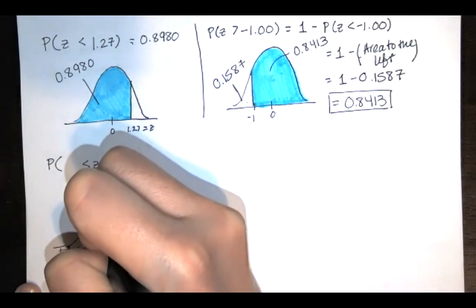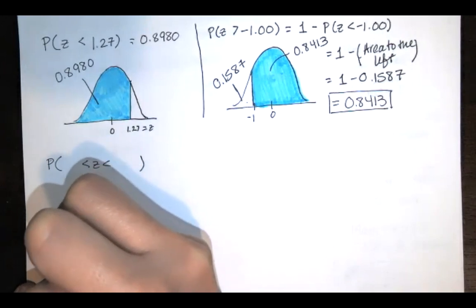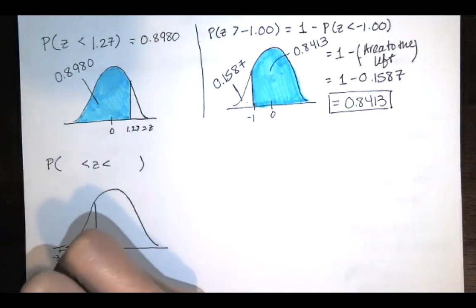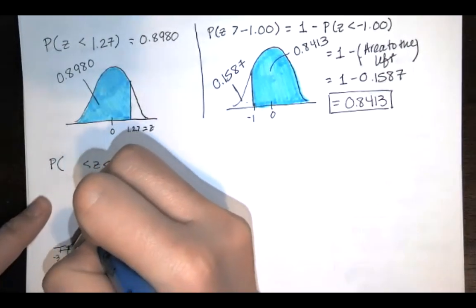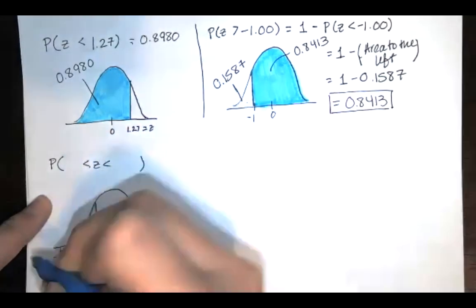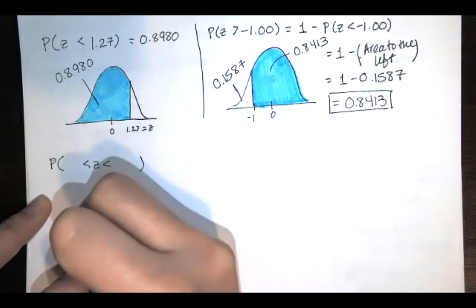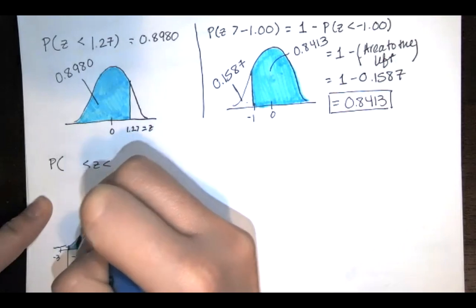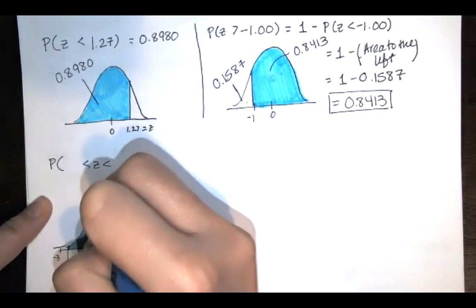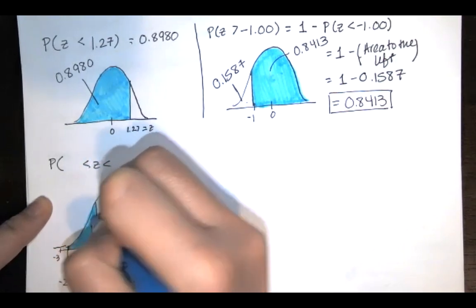So we want the Z-scores in between -1 and -2.5. So we want this area right here. I think I said the Z-scores in between. Yes and no. We want the probability that a Z-score is between those two values. And the probability is that area.